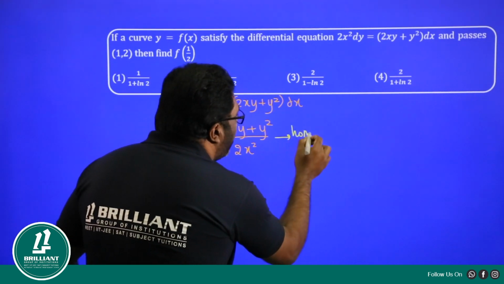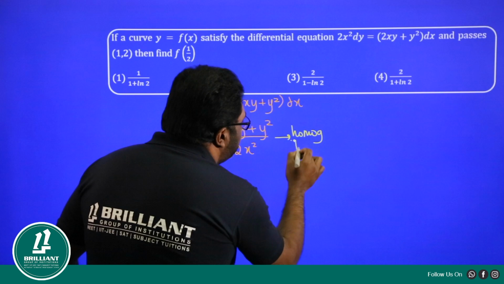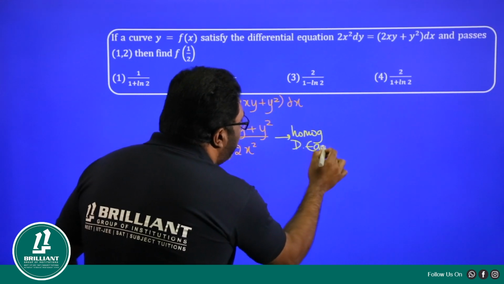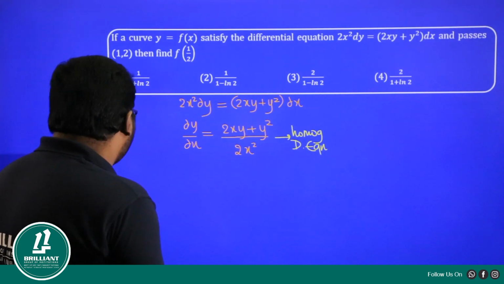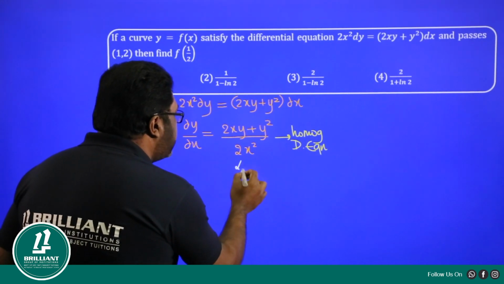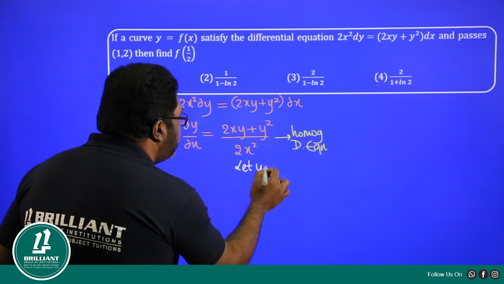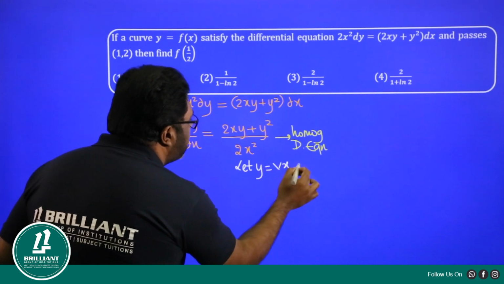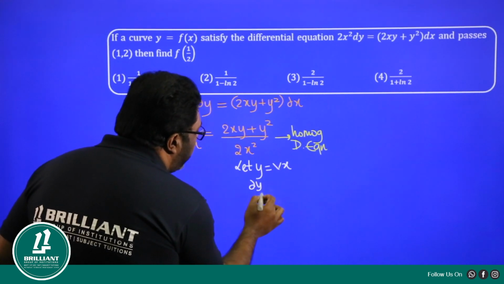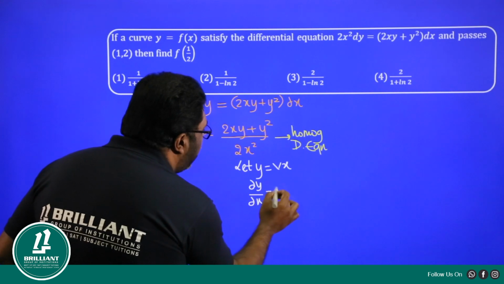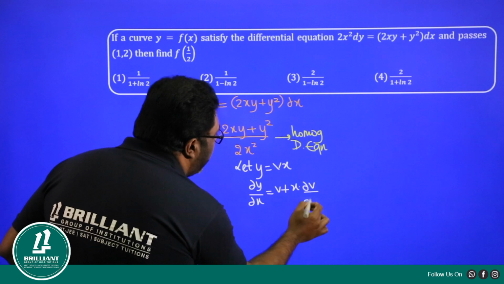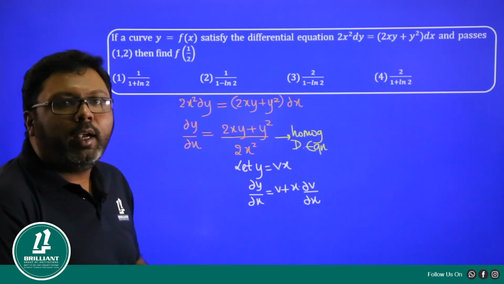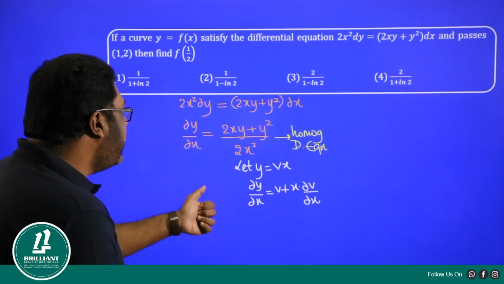So how do you solve a homogeneous differential equation? A very simple substitution. Let y is equal to vx, then dy by dx becomes v plus x into dv by dx.